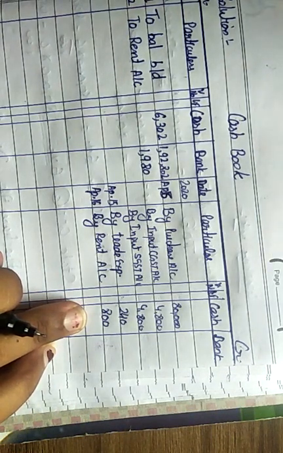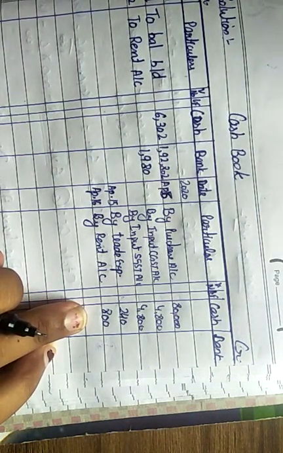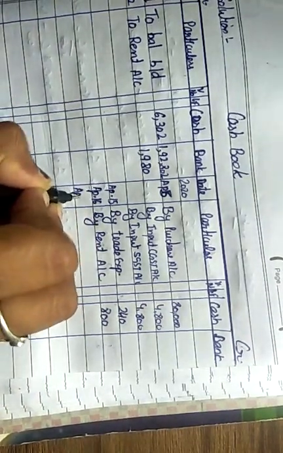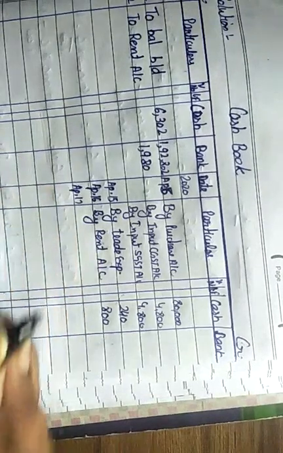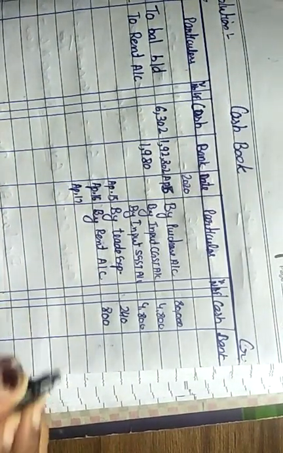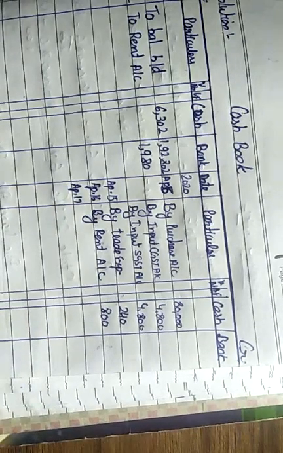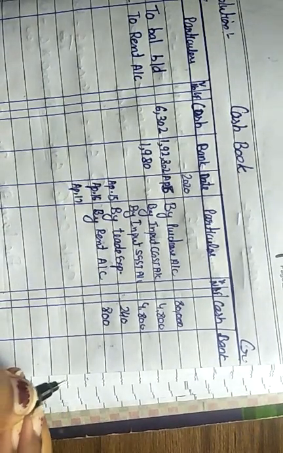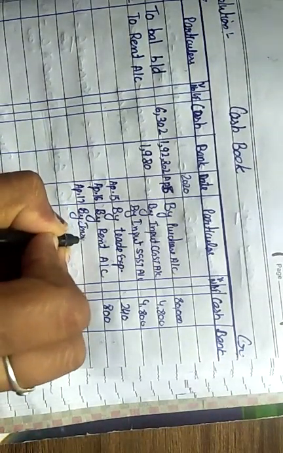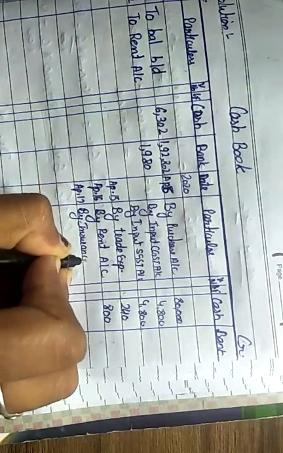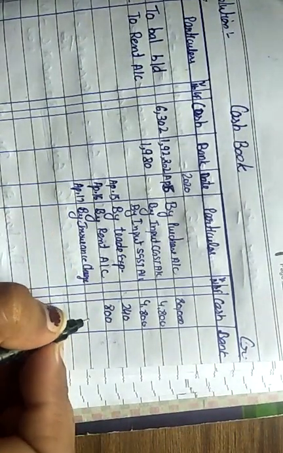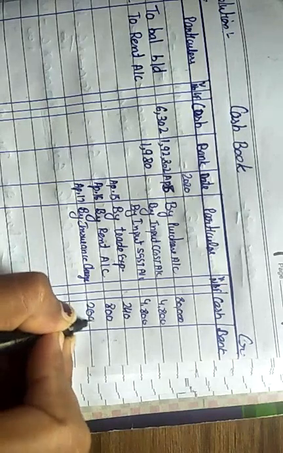So it is also an expense on April 17. So when insurance charges are paid, we journalize the entry, insurance charges account debit to cash account. So cash is also credited in this transaction. So we write here by insurance charges account, and the amount is 200.